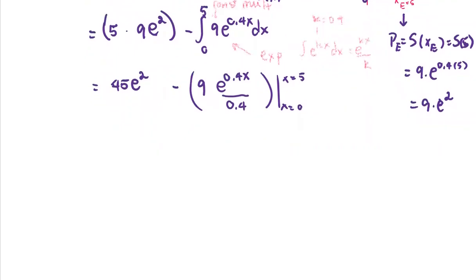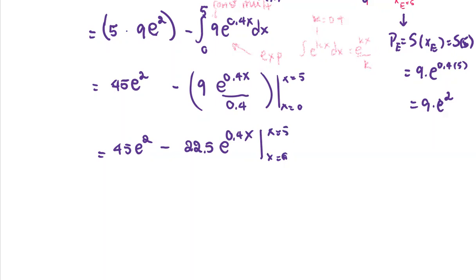Then we simplify more: 45e squared subtracted by 9 divided by 0.4, which in a nicer form gives 22.5 as the coefficient, times e to the 0.4x evaluated from x equals 0 to x equals 5.